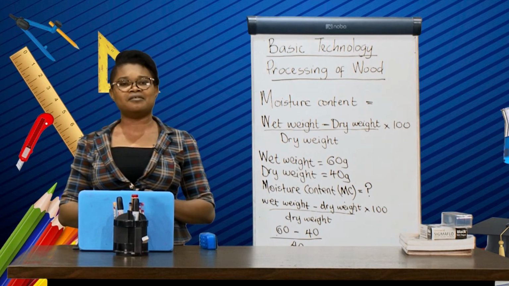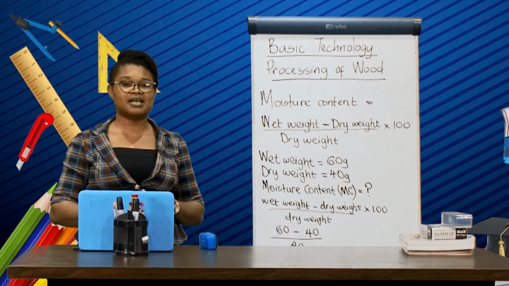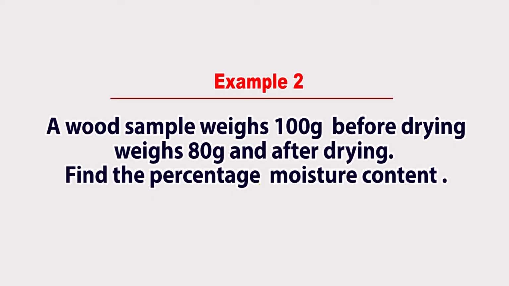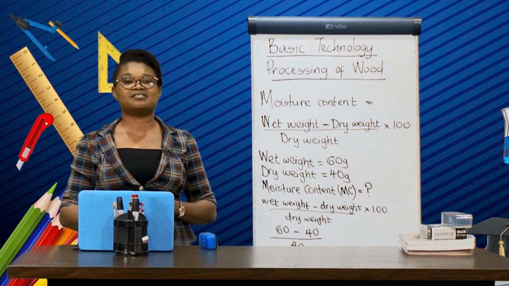I have another example I want us to try together. The question says, a wood sample weighs 100 grams before drying and 80 grams after drying. Find the percentage moisture content. Now we go through the same process.